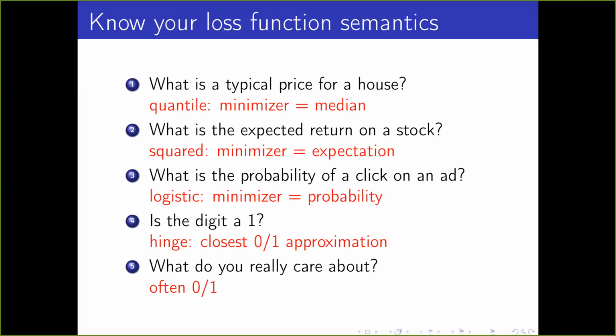So I went with quantile. And the key thing to understand about the quantile is that the minimizer of the quantile loss is the median. So it's a little bit helpful compared to squared loss because there are some prices, if you go and look on Zillow, that are just very aberrant. Maybe you're selling your house to your kid for $3, or maybe there's some super rich guy that's selling a house nearby.